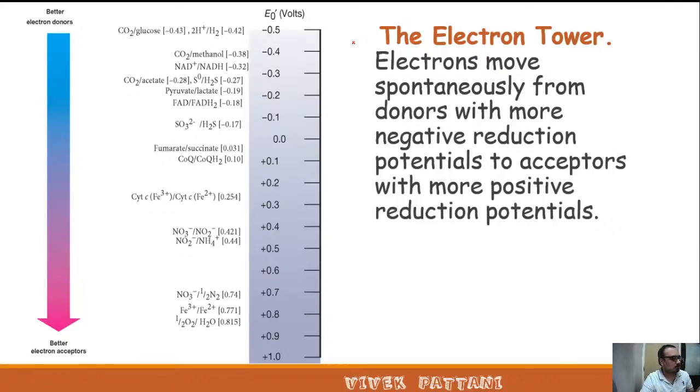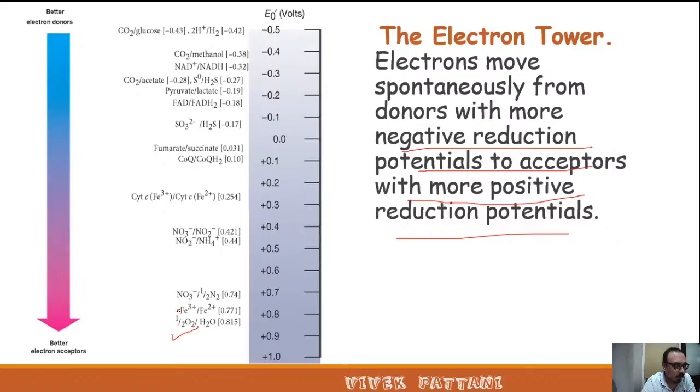Electrons move spontaneously from donors with more negative reduction potentials to acceptors with more positive reduction potentials. As I told you, oxygen is the terminal electron acceptor, so it is the best electron acceptor given here.